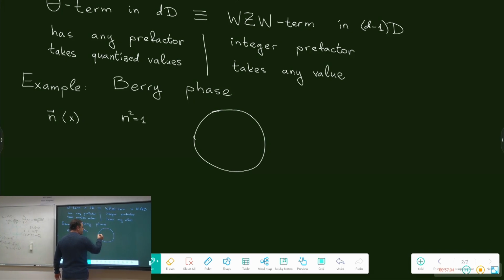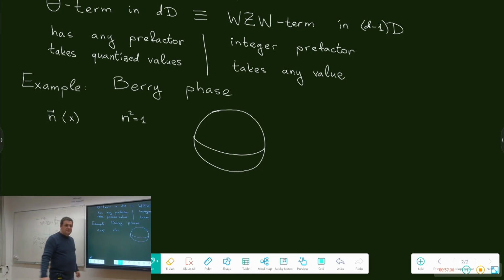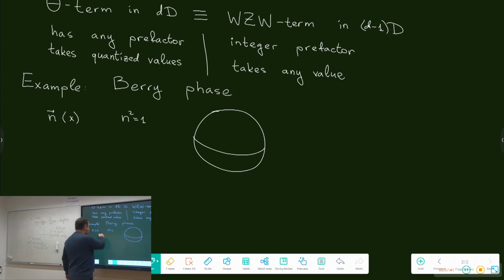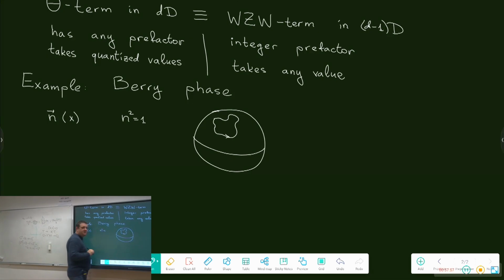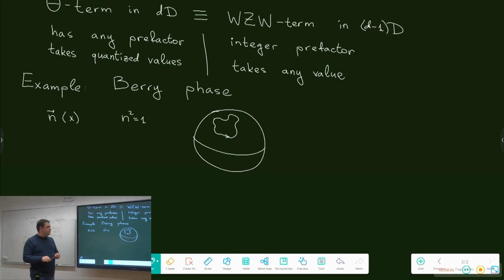As x or time changes, this n goes along some trajectory on the sphere, and we will consider only closed trajectories, meaning that it should necessarily return to the original point. Actually, it's usually a function of time, and periodicity in time is a very natural condition.